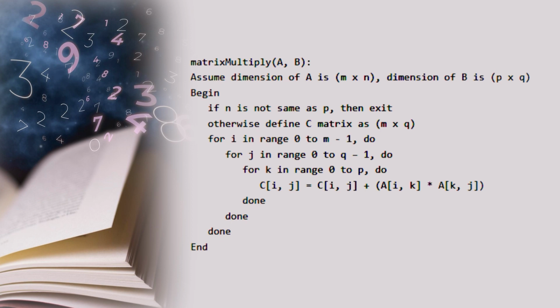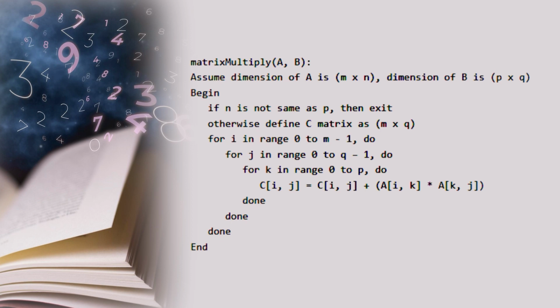Similarly, what will be the value of C01, because i remains constant. If I say i equal to 0, j equal to 1, that is the resultant matrix element C01, the 0th row and the first column. How can we get C01? Here i equals 0 and j equals 1, and k will go from 0 to p.